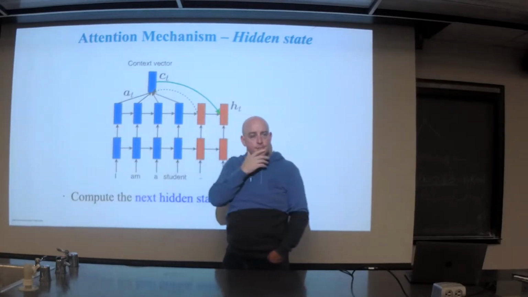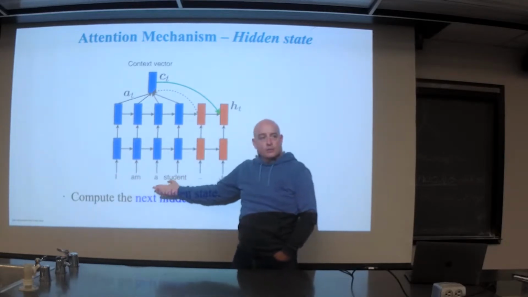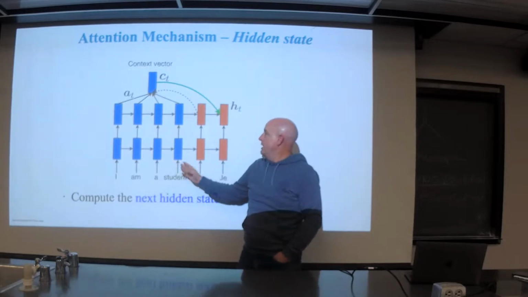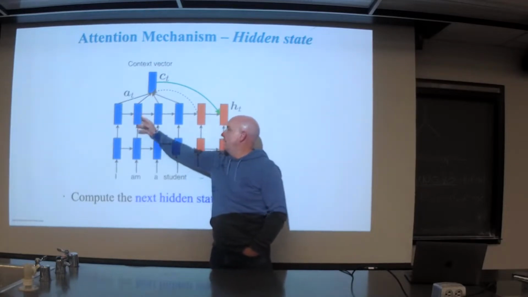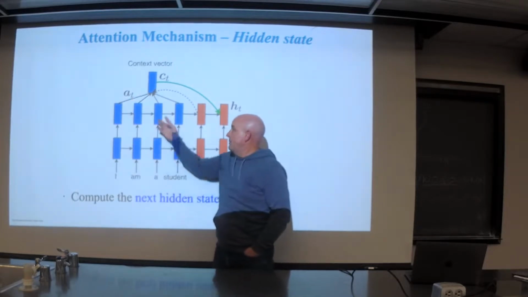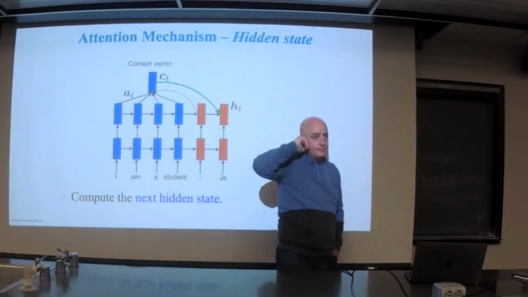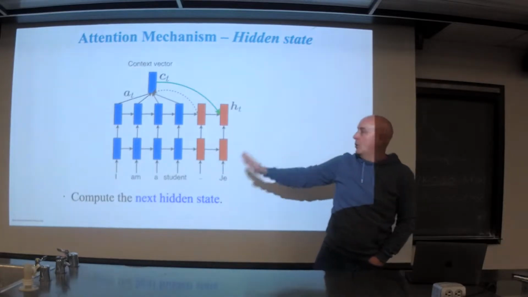So I first forward my sentence, whether it's got 4 tokens or 40. If it's 4, there are going to be 4 vectors that I'm creating attention coefficients for. If there's 40, I'm going to create 40 attention coefficients. But I only create them after I've reached the end of my sentence. Yes, exactly.